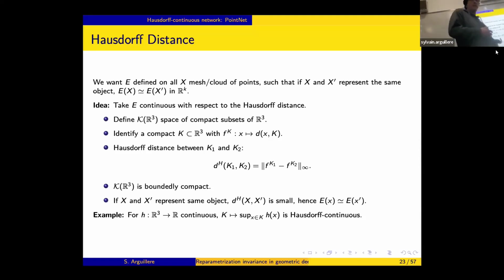And you can check that this is a continuous map with respect to the Hausdorff topology. If K1 and K2 are very close, then the supremum of the continuous map on K1 is also close to the supremum of that map on K2.